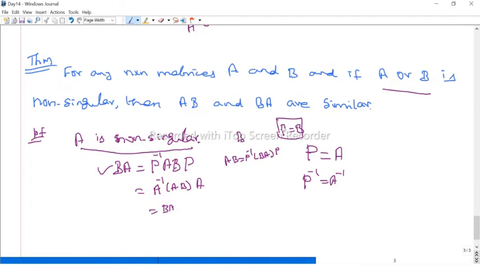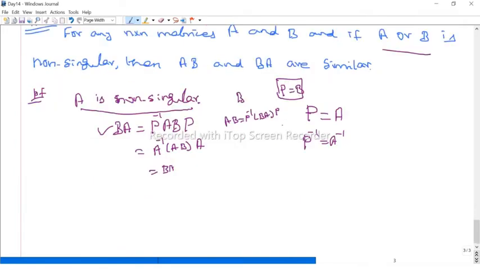And if you know they are similar, then we know about the trace and determinant. Not only trace and determinant, the rank of the matrix is also the same. That is, if A and B are similar matrices, then the rank of A equals the rank of B. That is a very important thing. Maybe I can write here.